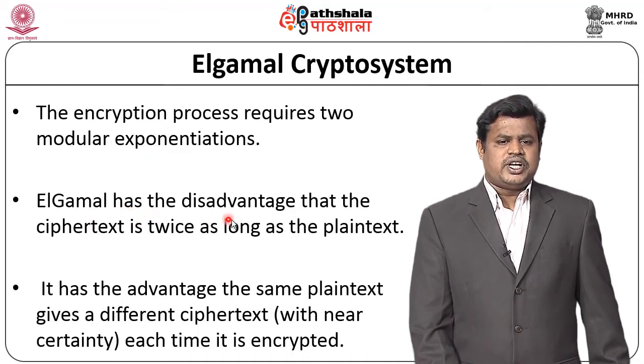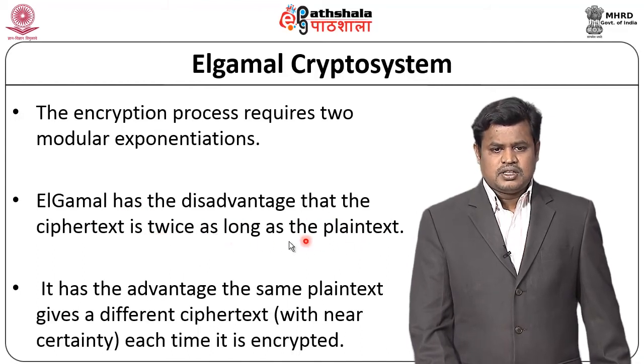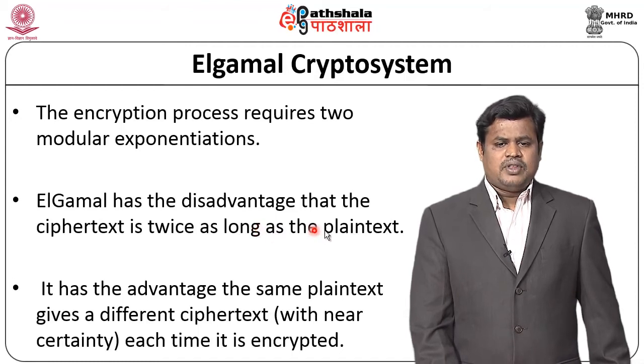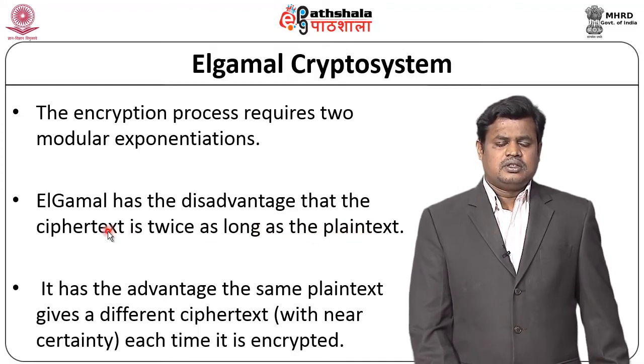ElGamal has the disadvantage that the ciphertext is twice as long as the plain text, which is not the case with RSA. So, when I have plain text of size 8 bits, then my ciphertext will be 16 bits.